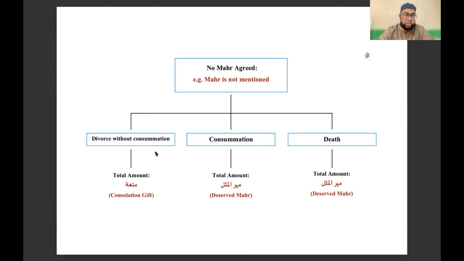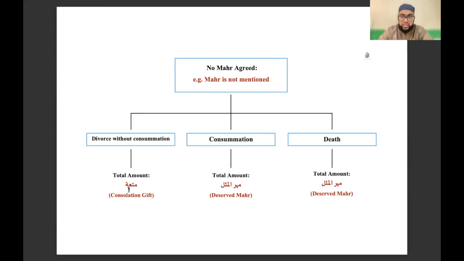Now, divorce without consummation, you can't give half. There's no original amount. So he has to give something called mut'ah, which is 3 pieces of clothing. There's one more rule mentioned here, which I wanted to remind you of.